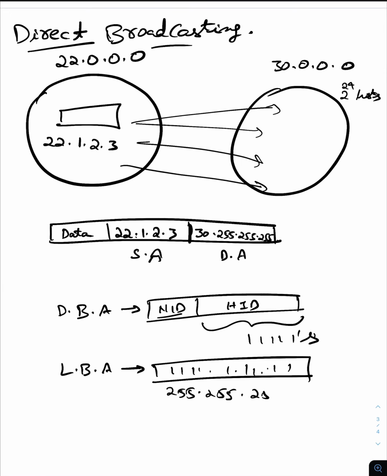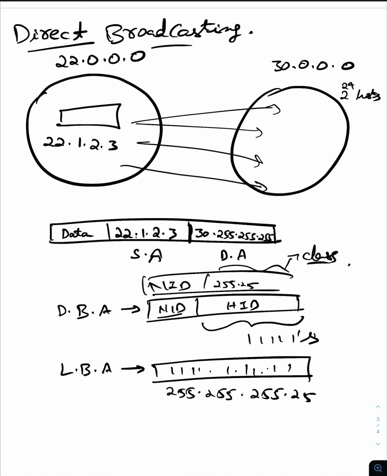It's 255.255.255.255, but here it's the network ID followed by 255.255, depending on what class it is. So this is your network ID and host ID, your direct broadcast address, and limited broadcast address.